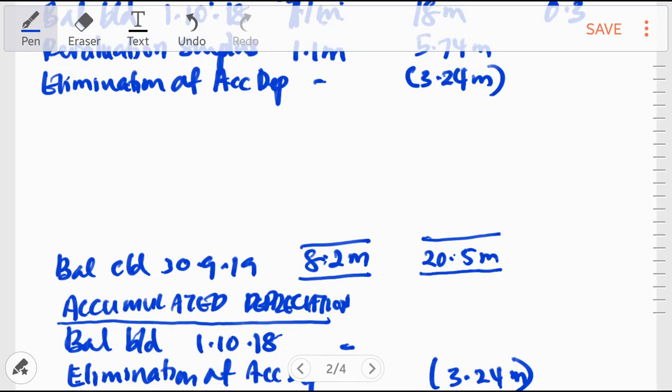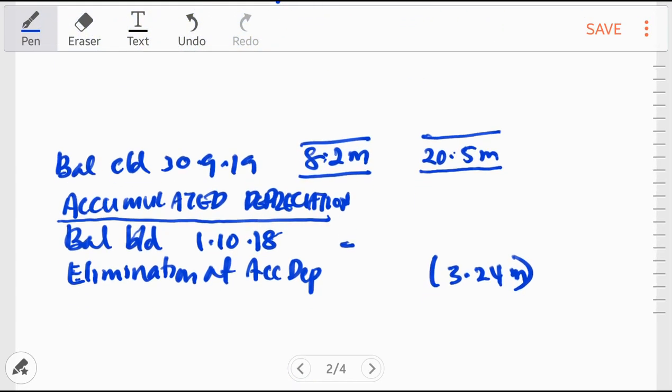It should be based on the fair value. Why? Because the revaluation took place on 1st of October 2018. So therefore you need to calculate the current depreciation, or you call it charge for the year.